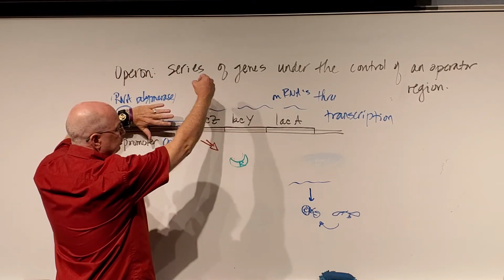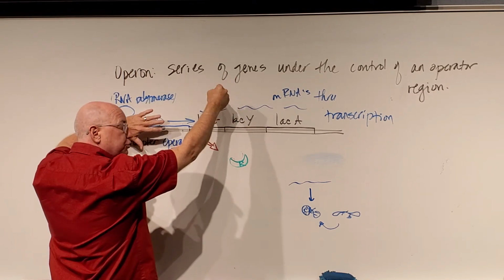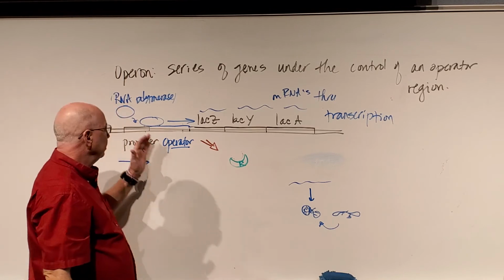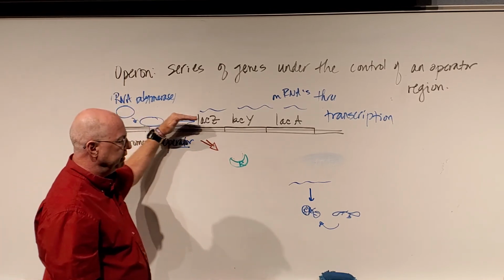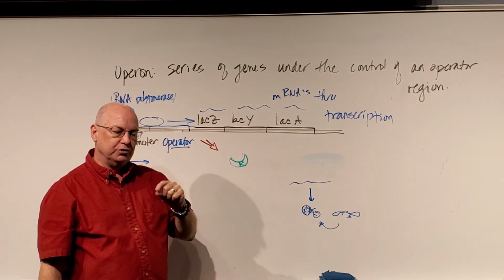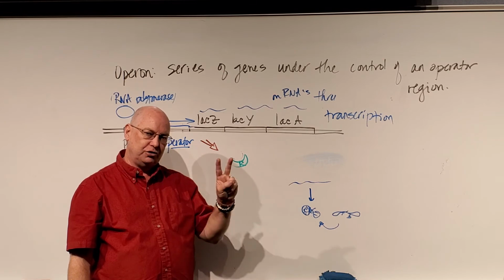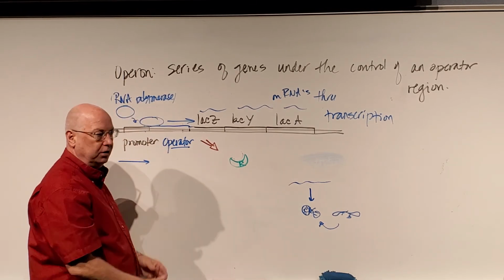When the inducer is available, it binds to the repressor protein, changing its shape, opening up the operator and promoter region for RNA polymerase to bind and transcribe the genes. So an inducible operon is one that is off unless it's turned on by the presence of some inducer. And that's kind of how it works.